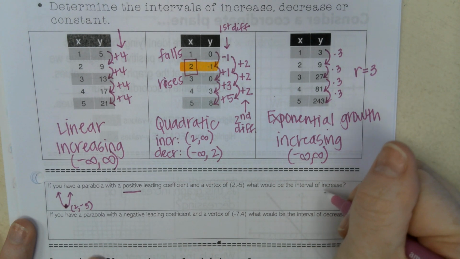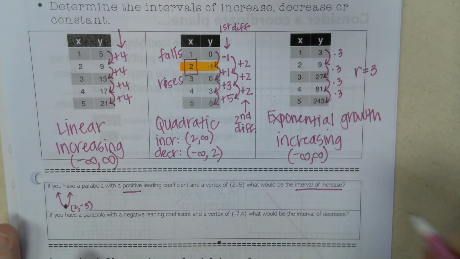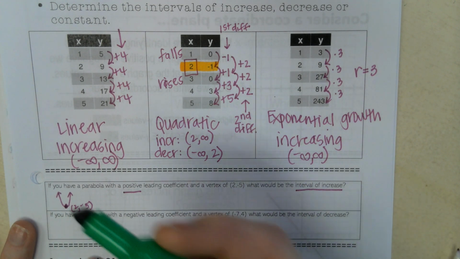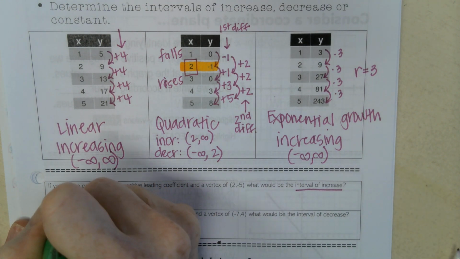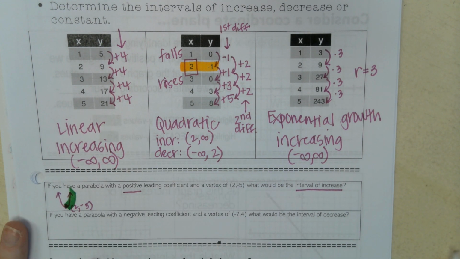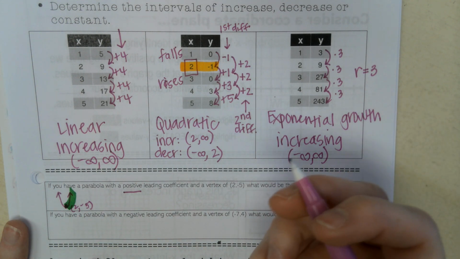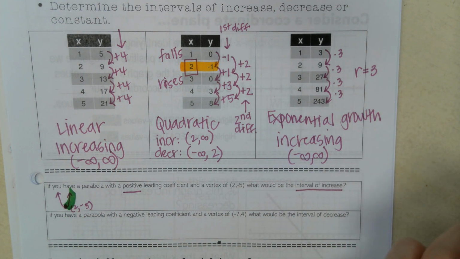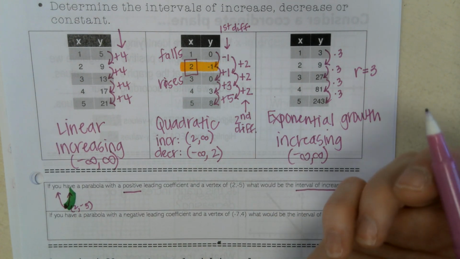I am asked for my interval of increase. I am looking at my little sketch and I see that it increases after the vertex. What value do I use to write my intervals?